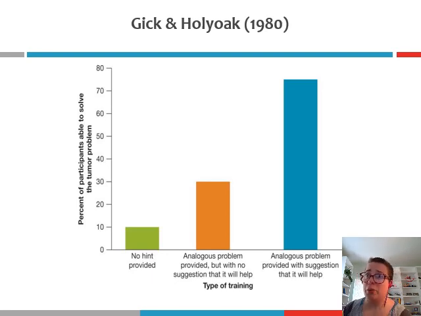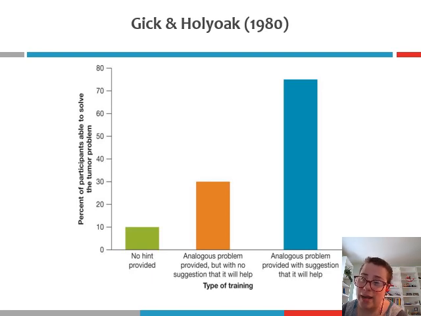Okay, so in general, like I said, participants do not produce corresponding solutions with any great frequency unless given a hint, right? These results demonstrate the difficulty of recognizing the relevance of one problem and its solution to another.